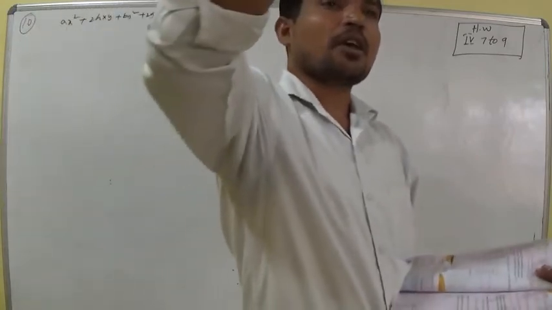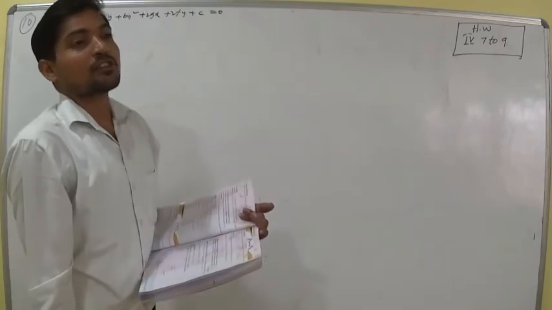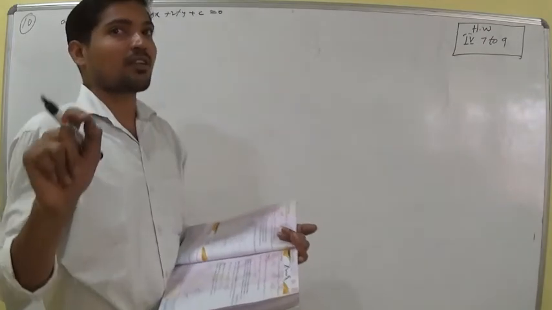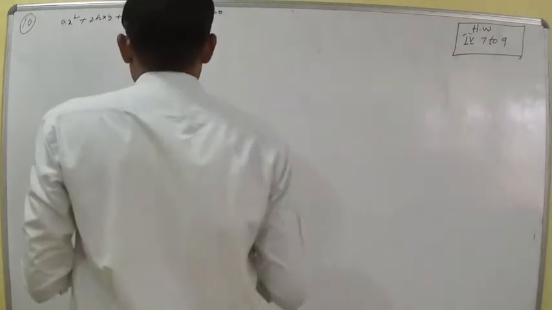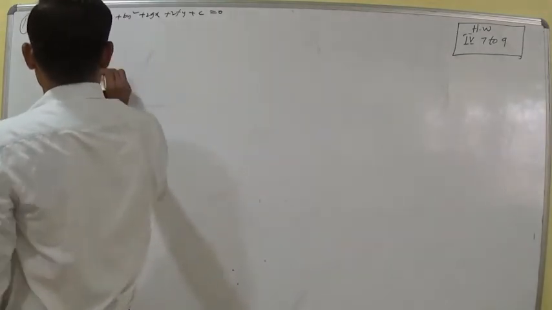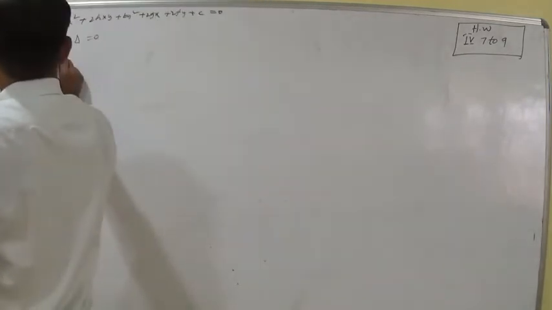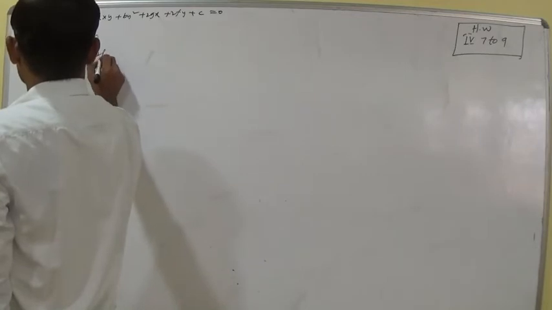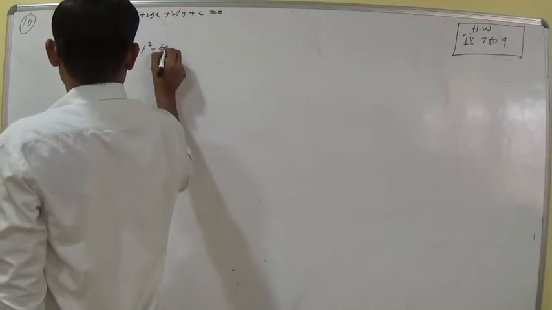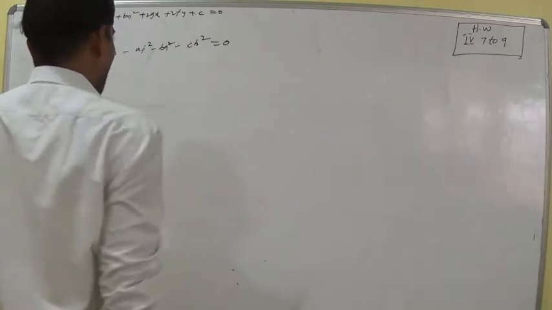Pair of straight lines means delta is equal to 0. Delta is equal to 0 means abc plus 2fgh minus af square minus bg square minus ch square is equal to 0. That implies delta is equal to 0. Why? Because it represents a pair of straight lines. That implies abc plus 2fgh minus af square minus bg square minus ch square is equal to 0.